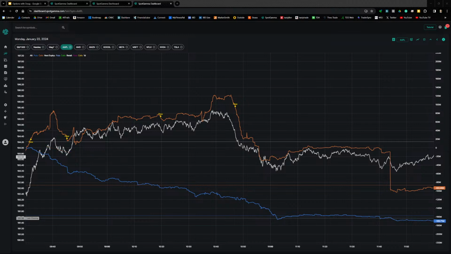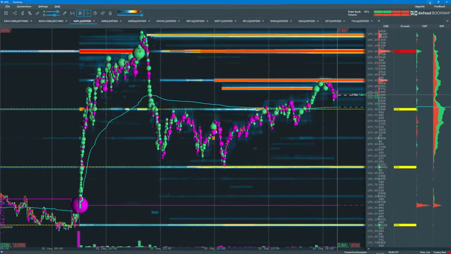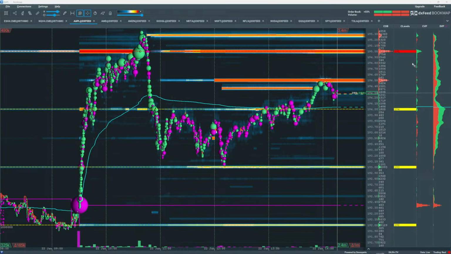Let's go back to Bookmap. And price reverses lower right at 195, just above 195. Note the liquidity in the order book. This is the heat map, which shows a history of the orders in the order book, the limit orders.